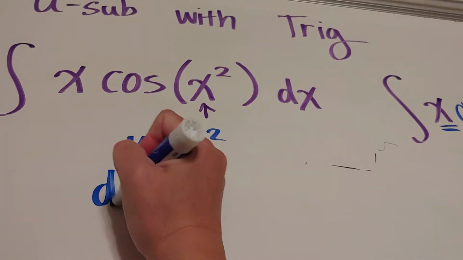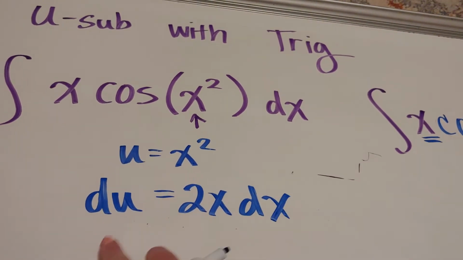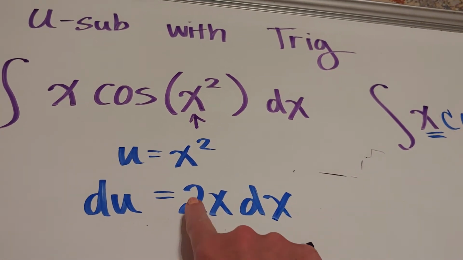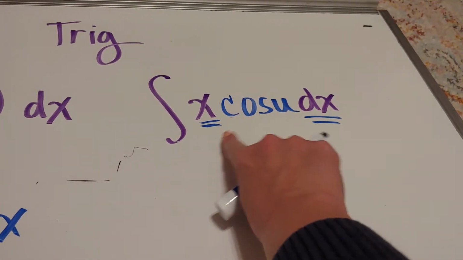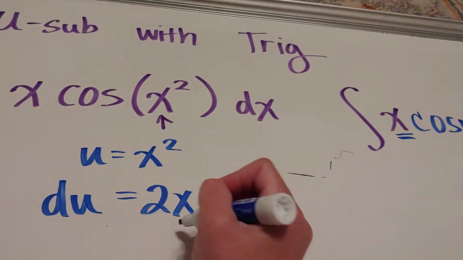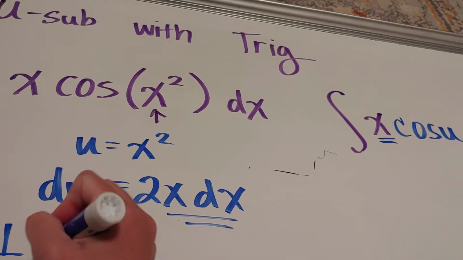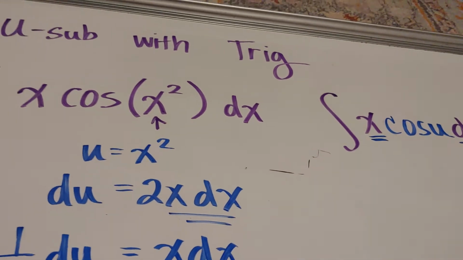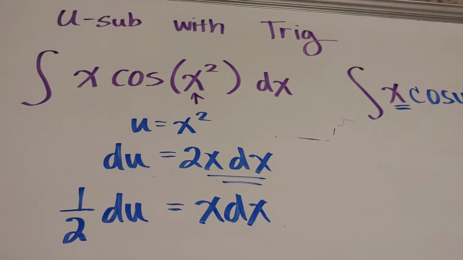That means du would equal 2x dx. So this is how I'm going to make a trade. Is it a perfect match? Do I have exactly a 2x dx over here? No, I have an x dx. So to get it to match, I have to divide out the 2.